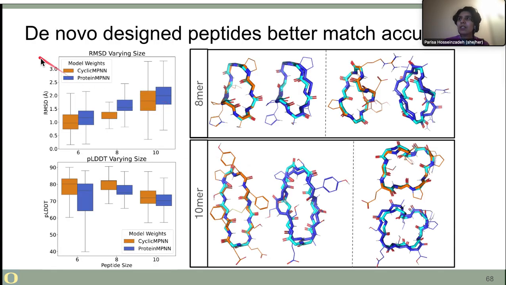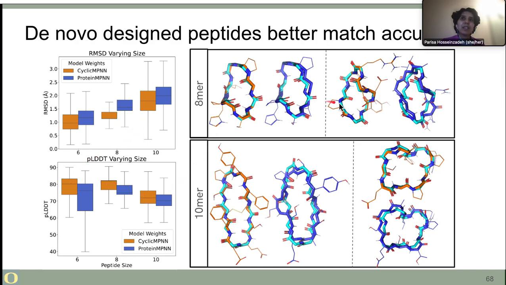We try to also see how good it is in RMSD as well as pLDDT, and pLDDT is just a measure of how well the peptide is similar to the design. And you can see that in all of them, RMSD is lower and pLDDT is higher.